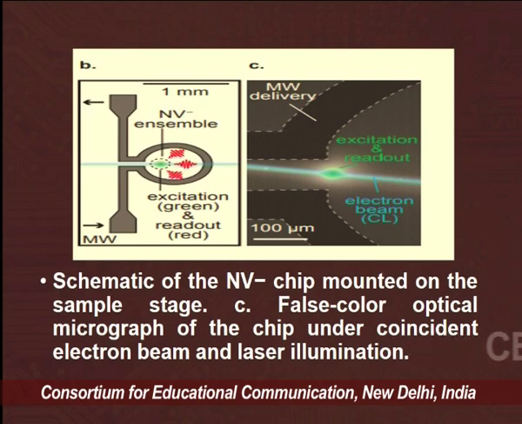So, from here it is detected. This is a false color optical micrograph of the chip under coincident electron beam and laser illumination. On the right hand side you can see the false color optical micrograph of the chip under the coincident electron beam and the laser illumination when these are interacted.